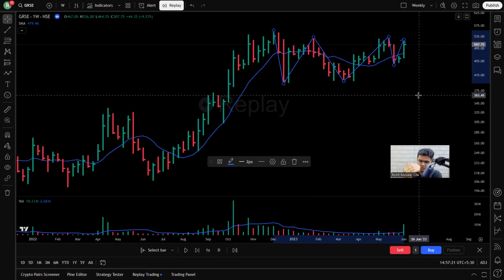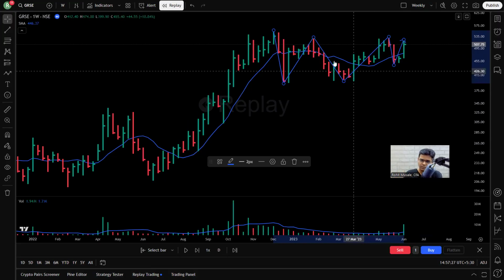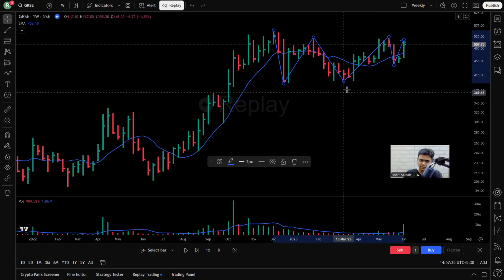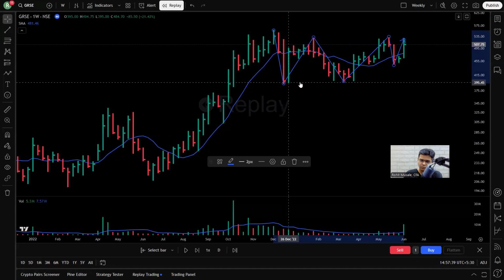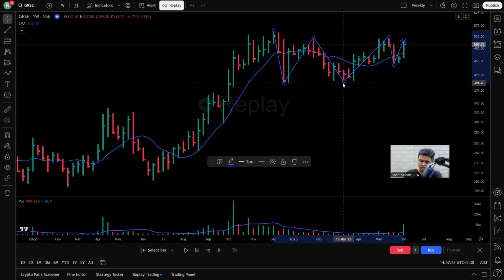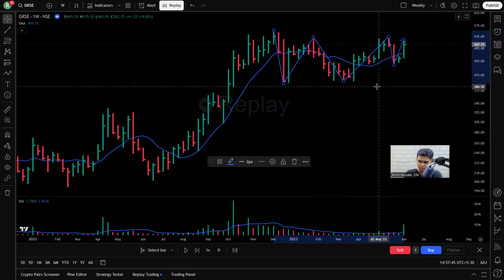You go from highest to lowest to highest to lowest to highest to lowest and so on. So basically point number 5 should be lower than point number 3 and point number 3 should be lower than point number 1. Point number 4 should be higher than point number 2 and point number 6 should be higher than point number 4. That's how you draw it.